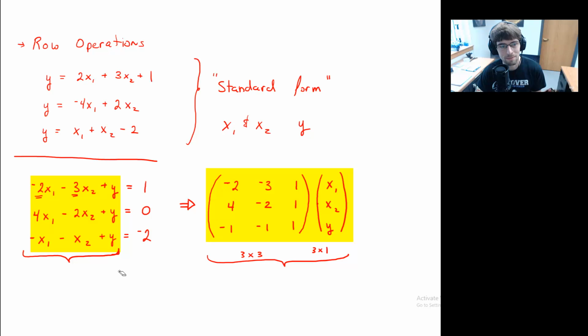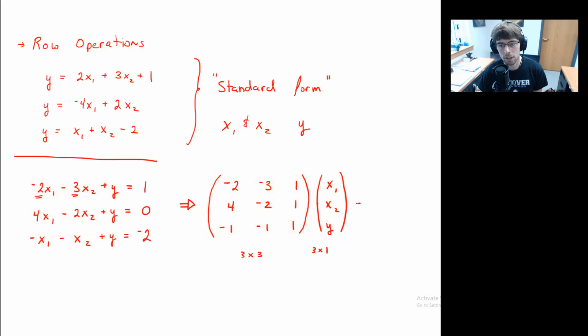Good? All right. And of course, I should put the equal sign in, and now I will write another matrix. You'll notice it's a 3 by 1 matrix, right? When I multiply a 3 by 3 by a 3 by 1, I will end up with a 3 by 1.